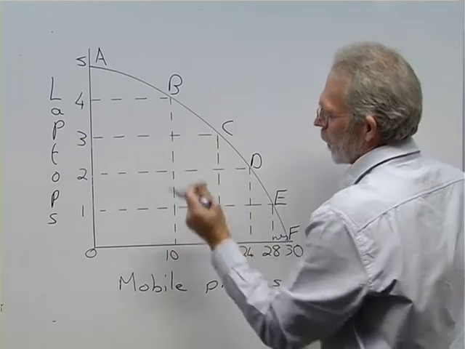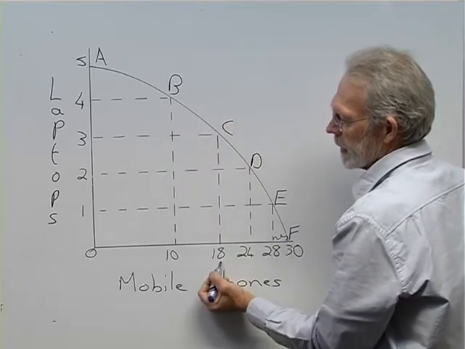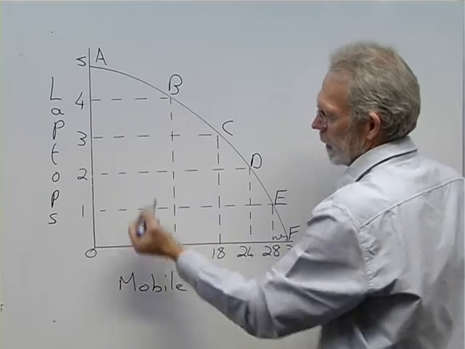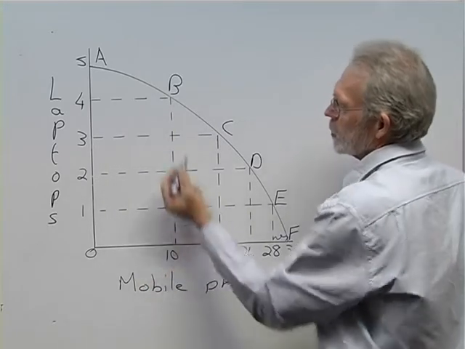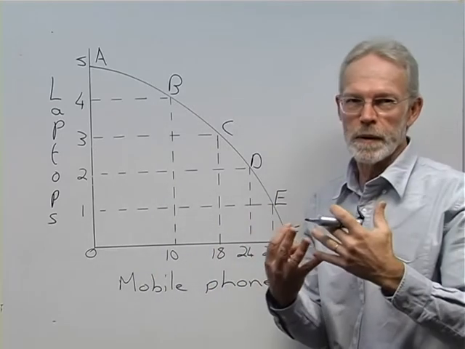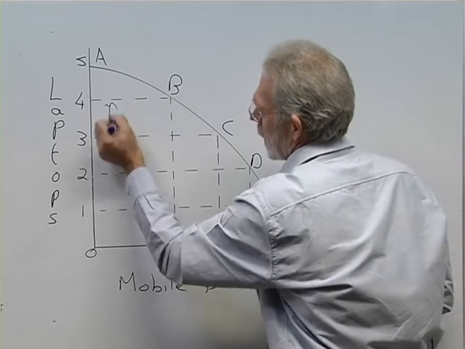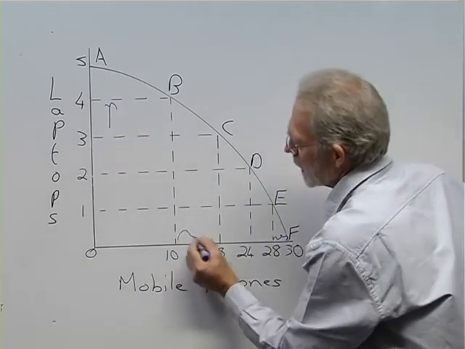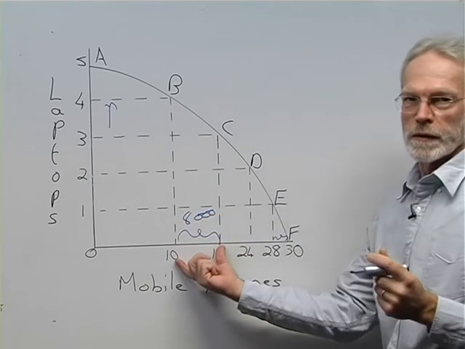In moving from point C, where we produce 18,000 mobile phones, to point B, where we produce only 10,000, we have to give up 8,000. So to gain 1,000 laptops there, we have to give up 8,000 mobile phones.